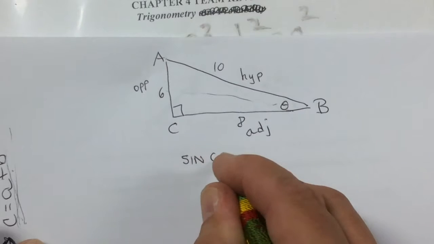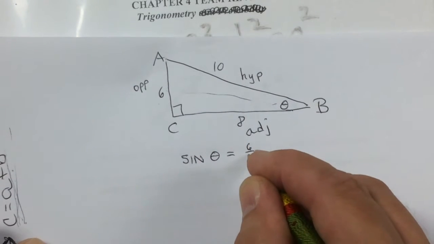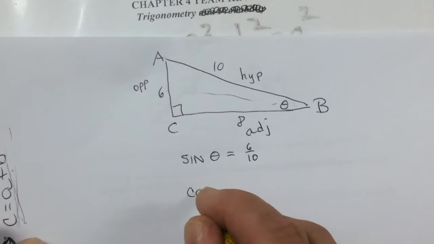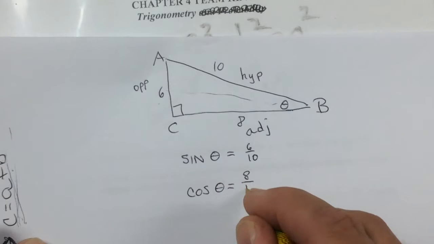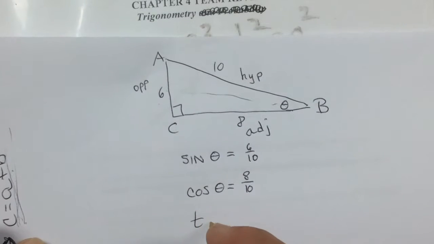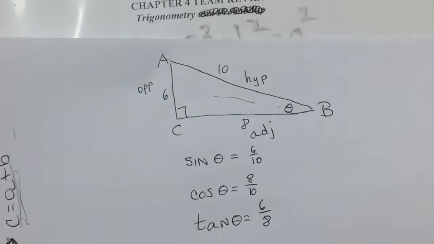The sine of theta is equal to the opposite over the hypotenuse. The cosine of theta is equal to the adjacent over the hypotenuse. Or the tangent of theta is equal to the opposite over the adjacent.